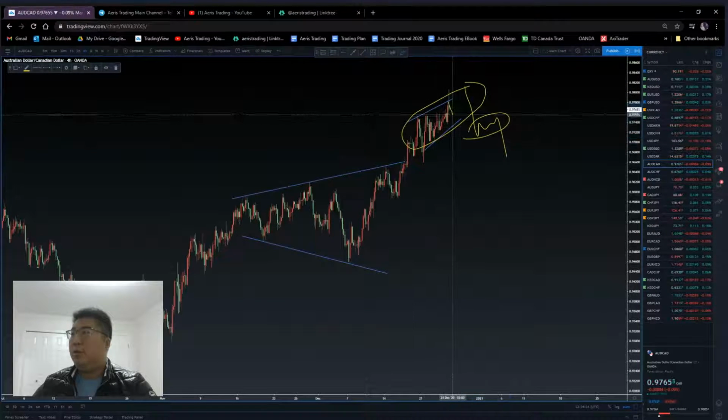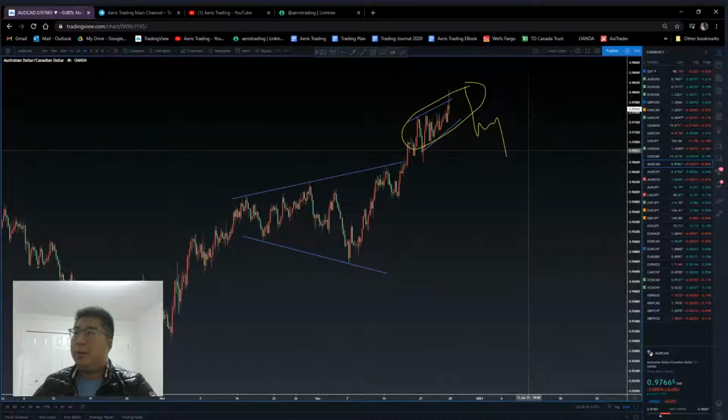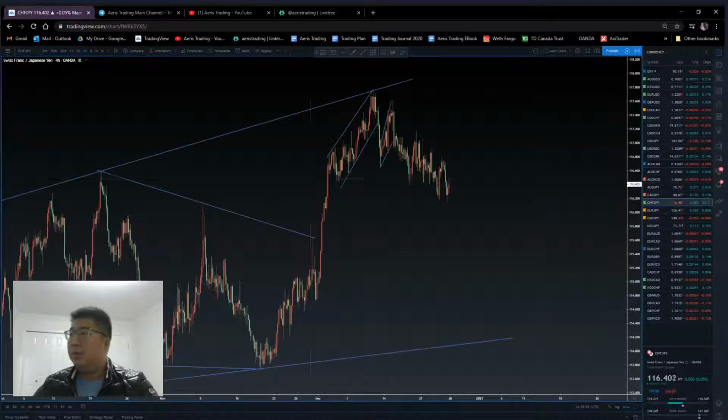This structure continues to correct, and then I'm waiting for a push down and then continuation to push down to the lows here. That's my only approach on this one. Other than that, happy to let this one go. So that's Aussie CAD. Sorry if I missed that. So let's go on to Swiss Yen.